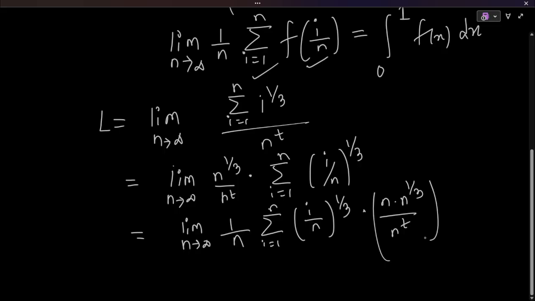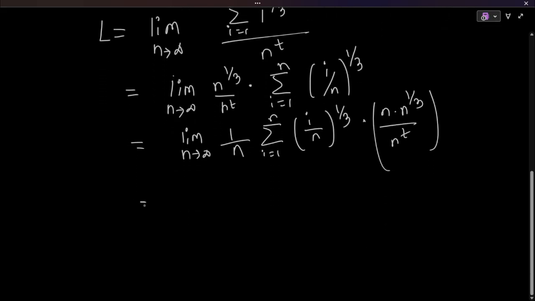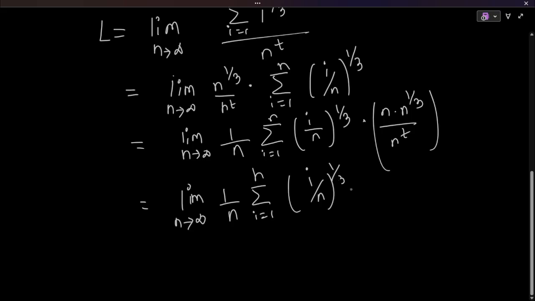This is our limit right now. To simplify further, this becomes limit n tends to infinity 1 upon n summation i equals 1 to n, i by n whole to the power 1 by 3, multiplied by n to the power 4 upon 3 minus t. Okay, so this is our limit.